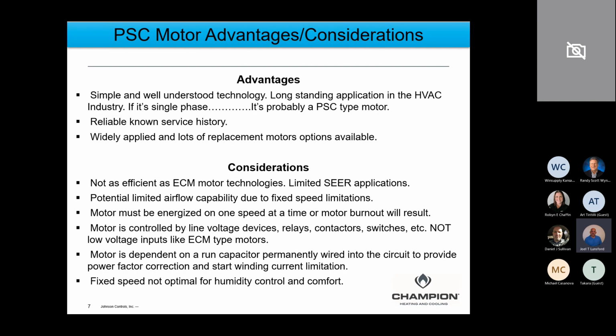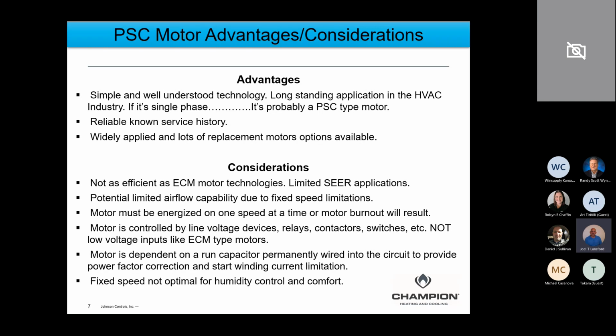The downside, or the consideration, of a PSC blower motor is that they're not near as efficient as ECM motor technologies. In the percentage world of efficiency, PSC blower motors are typically going to fall between about 55 to 80% efficiency, where your ECM motors are going to be much higher, into the 90+% efficiencies. So because they're not as efficient as ECM motor technology, you're going to have limited SEER applications.